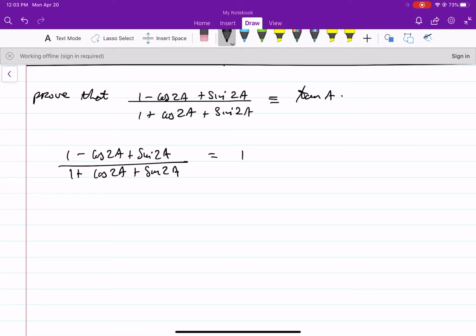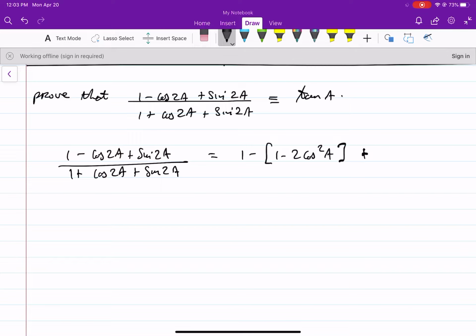I'll write it as 1 minus into. Now cos 2a can be written as 2 cos squared a minus 1 or 1 minus 2 cos squared a. I prefer to use that one because as you can see, when you push the minus inside, the 1 on the outside minus the 1, the 1s will cancel out.